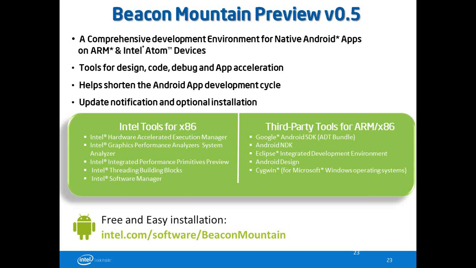All these tools, along with certain other tools, are provided to you in a single package called Beacon Mountain. Beacon Mountain is a tool suite that is available on software.intel.com. It's a comprehensive development environment specifically for native Android apps, but it is not restricted to native Android apps. You can even develop Dalvik-based apps with this tool suite.